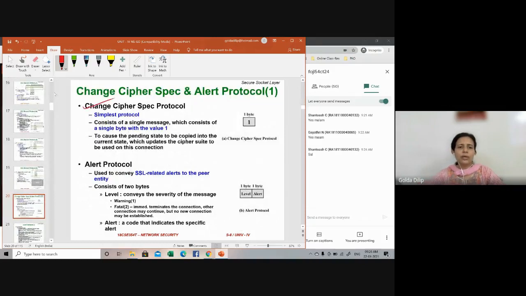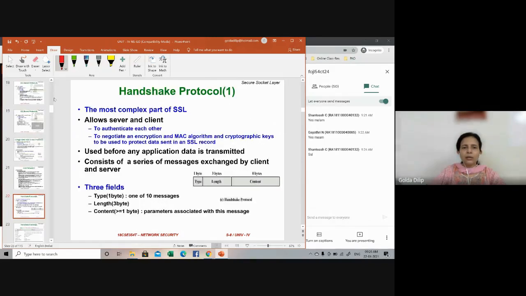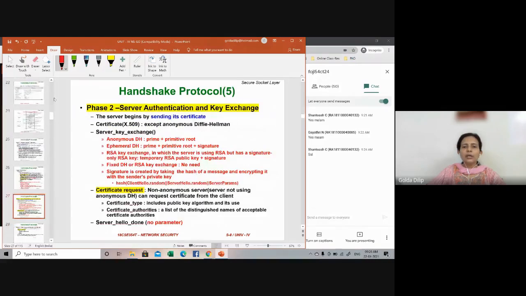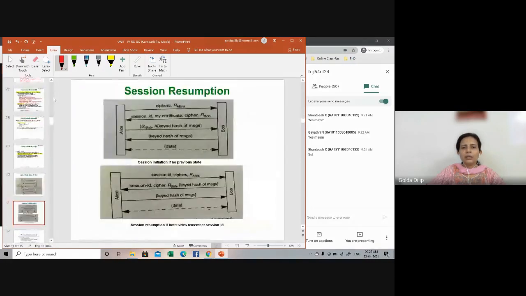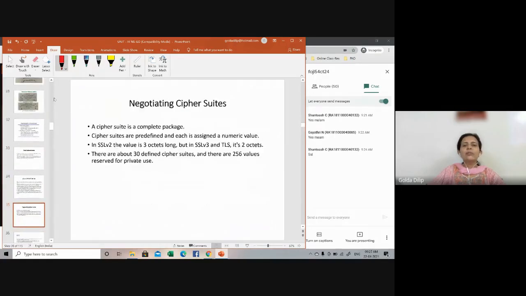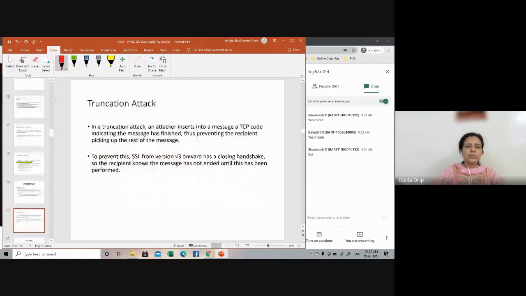Initially we had discussed this in brief. Then I showed you this. Then today I showed you the format for each. This session resumption, what has to be done, master secret key computation, all this was discussed in previous classes.